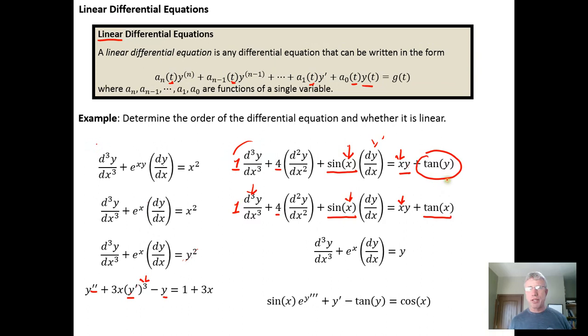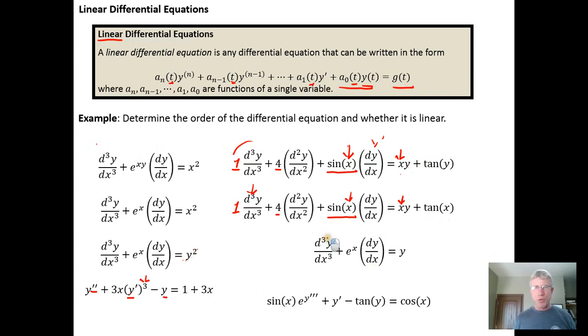So this is going to be linear. Notice if I subtract the xy from both sides, I would get the y term over on the left, and I would have just a function of a single variable x on the right hand side. So there's a big difference between taking the tangent of x and taking the tangent of y in terms of identifying whether the differential equation is linear or not.